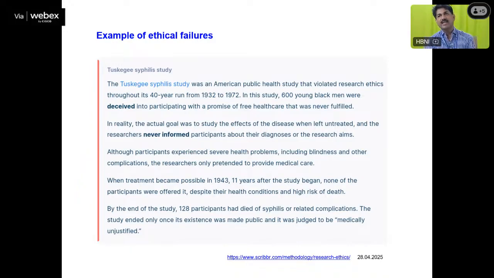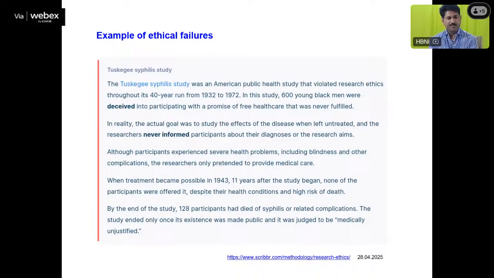So they were actually studying the effects of this type of disease. They were telling participants that yes, we are providing some medical help to you, but they were not actually helping the participants, and the participants were having real trouble with various health issues.